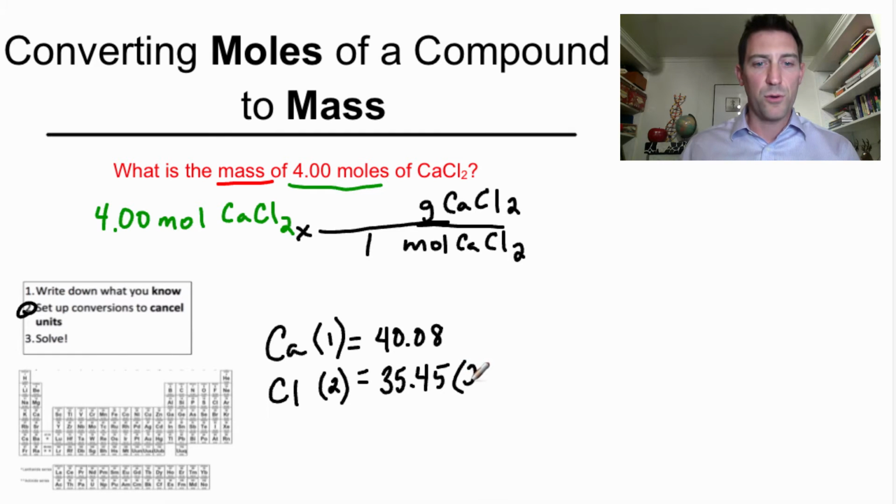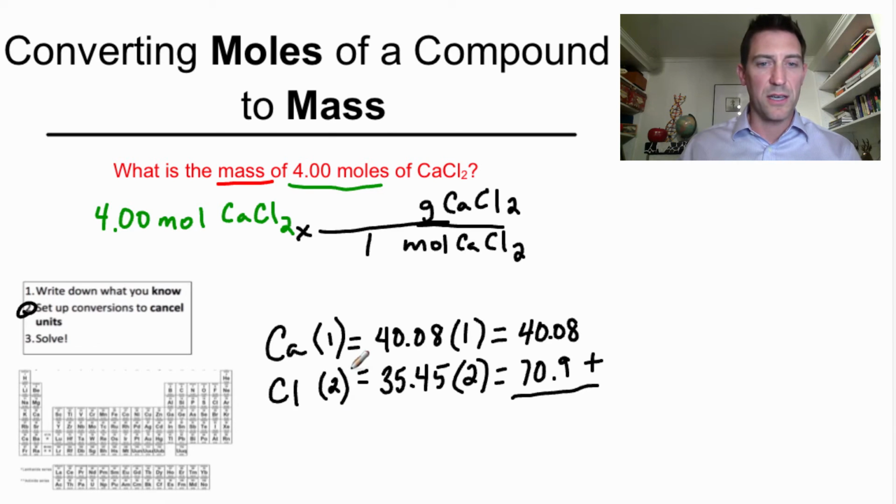Now remember, I have 2 of them, so I have to multiply that by 2, and I only had 1 of the calcium. So this is a little redundant, but that's okay for practice purposes. The 35.45 times 2 is 70.9. I'm going to add those together to get the overall mass of CaCl2. I get 110.98, and this is grams per mole.